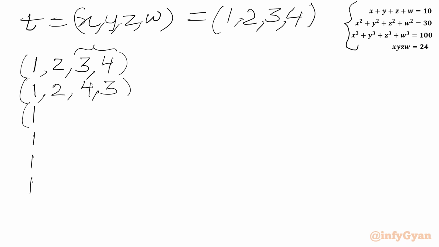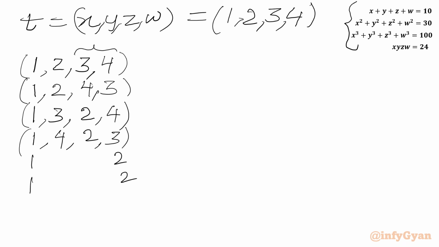Now we consider the second pair by putting the value 2 here. Now we write 3 here, 4 here, and then 4 and 3. The next two. In the last two we write 2, then we consider 3 here, 4 here, and swap the values. We get 4 and 3. This is how we find the first 6.